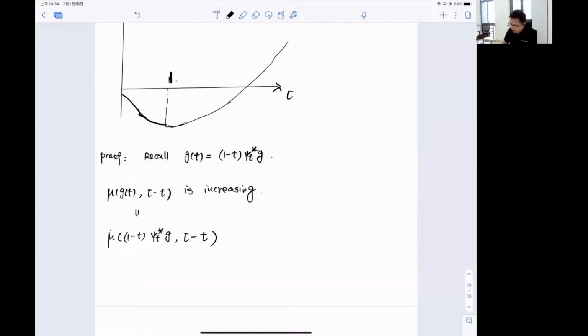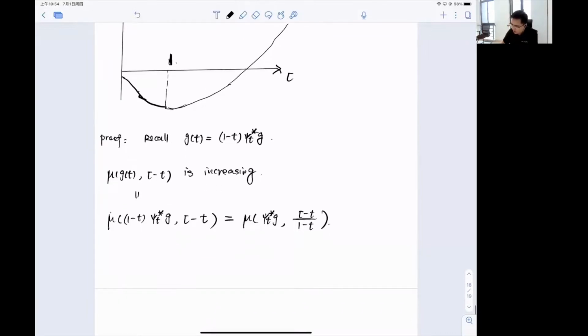Now, by the scaling invariant property for the mu entropy, we can rewrite this as mu psi_t star g, (tau minus t) over (1 minus t). And since the entropy is the same under different diffeomorphisms, the last one is mu g, (tau minus t) over (1 minus t).